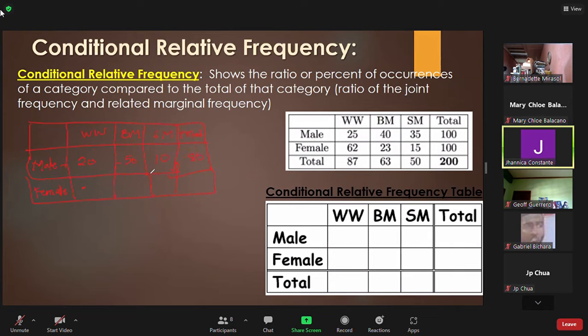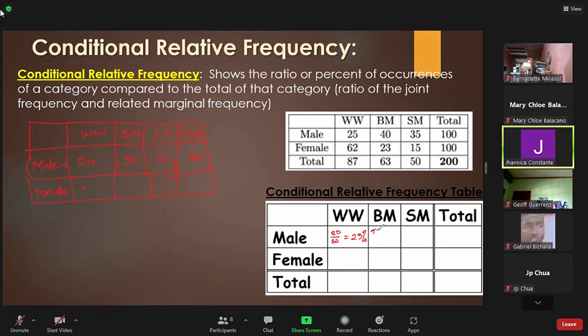So if that is the total number for the row for the male responses for their favorite superheroes, we will have a different conditional relative frequency, getting the quotient and the percentage of 20 in the 80 total. If we convert this two-way frequency table into conditional relative frequency, 20 divided by 80 in percentage is equal to 25%.